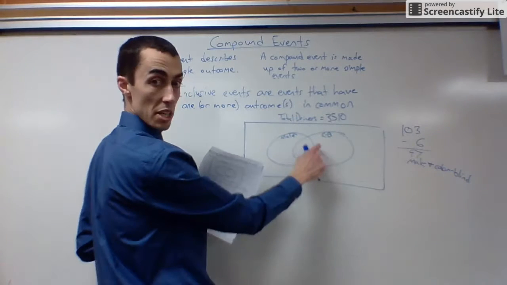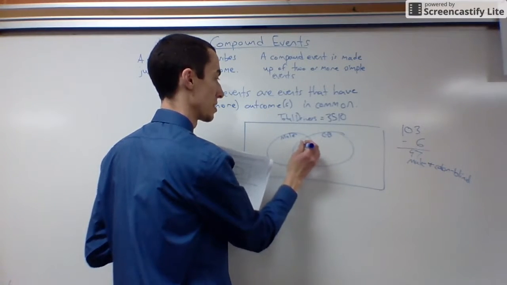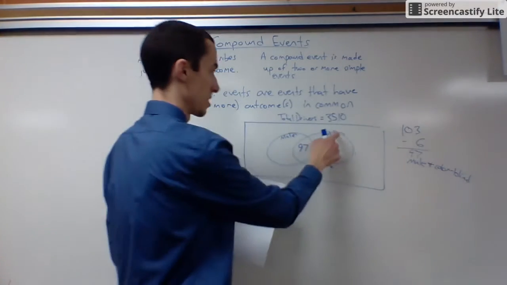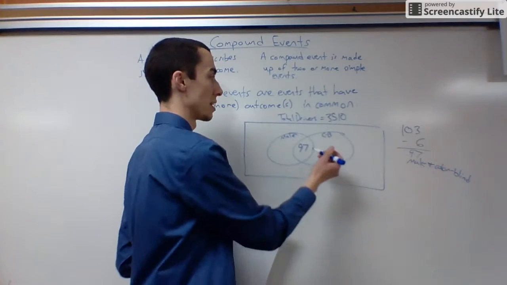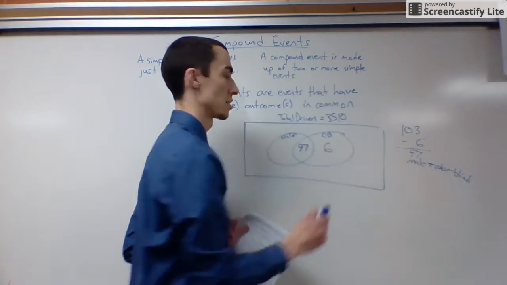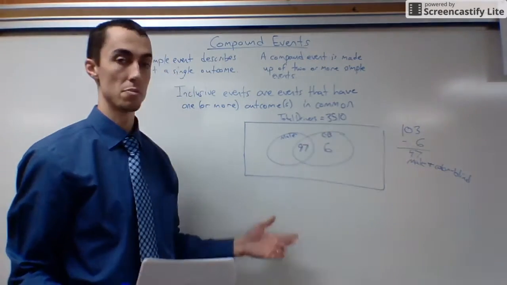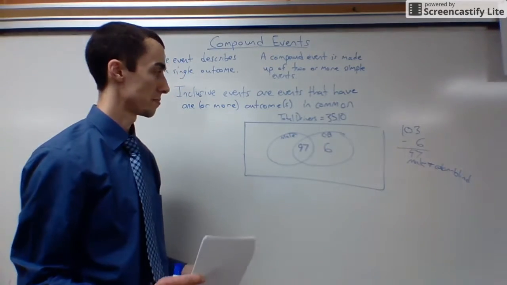So this middle section is both male and colorblind. So let's put a 97 there. This entire area is all the colorblind, which would then have to total 103. And so we would have the 6 female colorblind drivers in this part. Of course, this region is not drawn to scale.